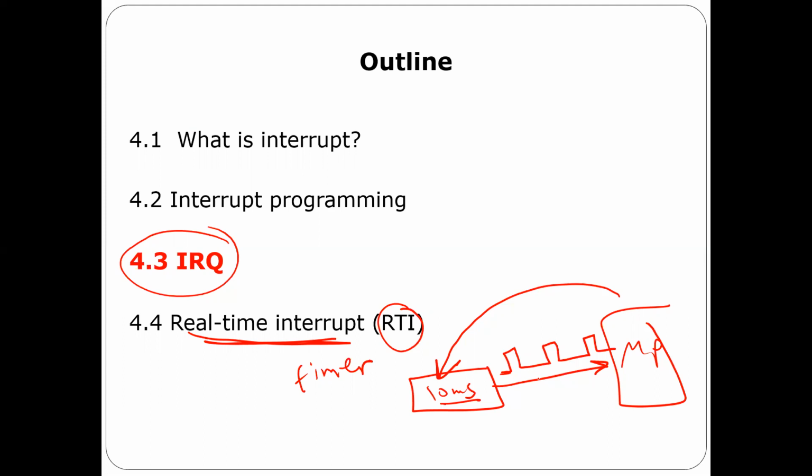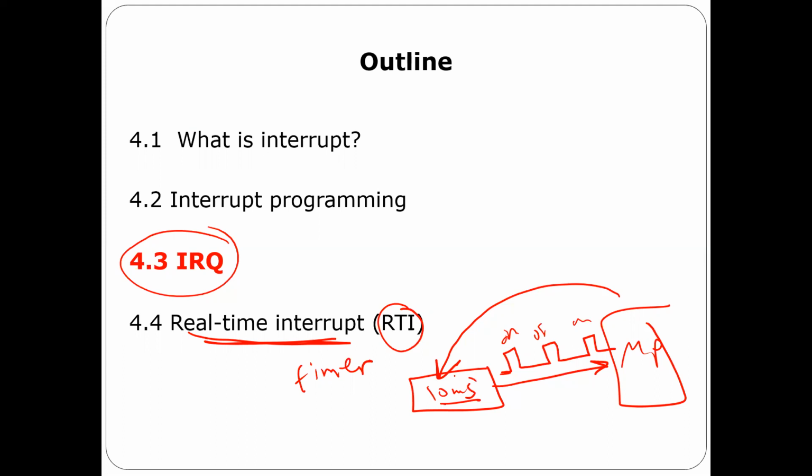This one is used in applications where you want to do something related to time, like if you want to create a delay, if you want to wait for some time, or if you want to do something periodic, like flashing, turning on and off.